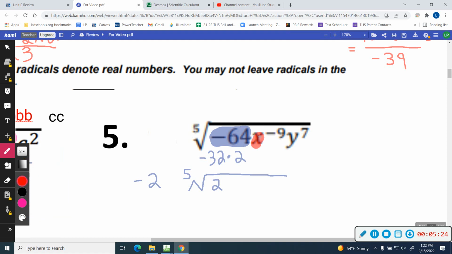We got x to the negative 9. Let's see. If you think about 5, you go 5, 10, 15. So can we rewrite that? And we can. We could write that as x to the negative 5 and x to the negative 4.